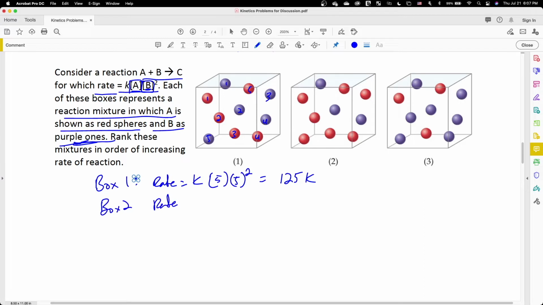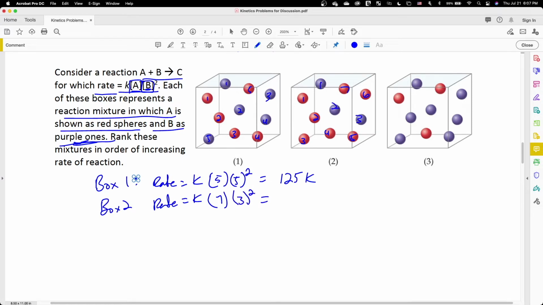Let's do box 2 now. The rate equals k, and then how many red ones? 1, 2, 3, 4, 5, 6, 7 red ones for A. B is the purple ones. How many of those? 1, 2, and 3. 3 squared.